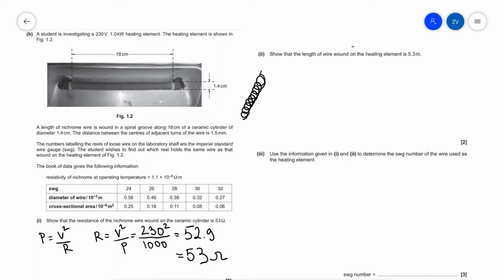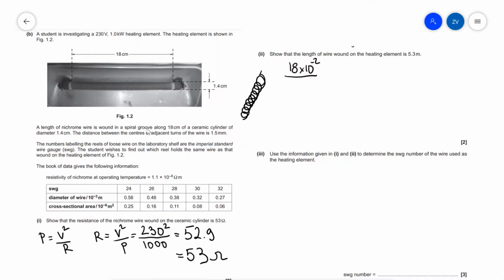The first thing we need to do is figure out how many turns there are in the wire. We're given that the length is equal to 18 centimeters, so 18 times 10 to the power minus 2.